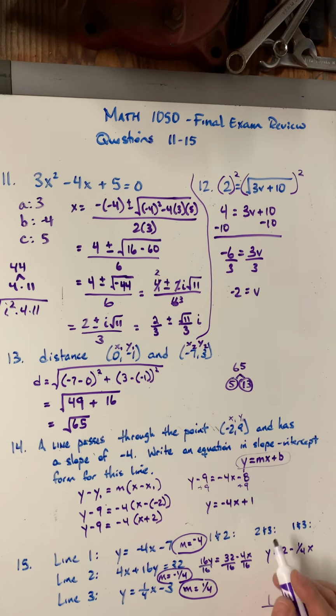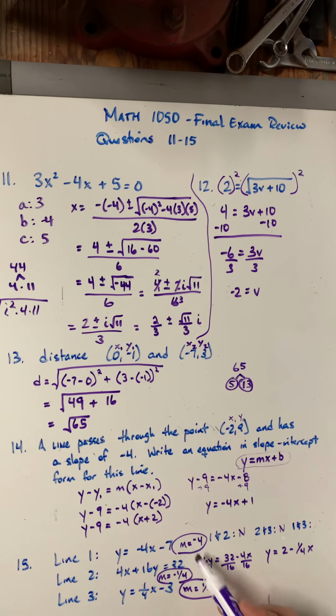So in this case, it's neither. So I'm going to put an N for neither. Lines 2 and 3, they're not the same because this is a -1/4, this is a +1/4. And they're not perpendicular because they're not reciprocals of each other. So this is also neither.